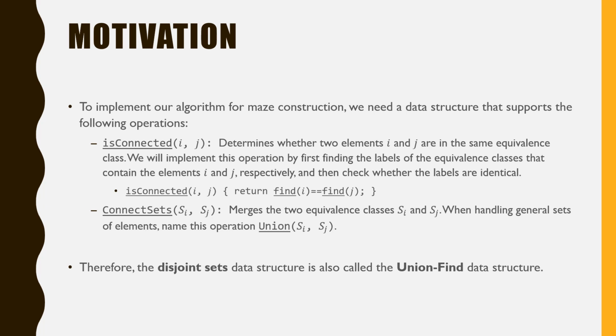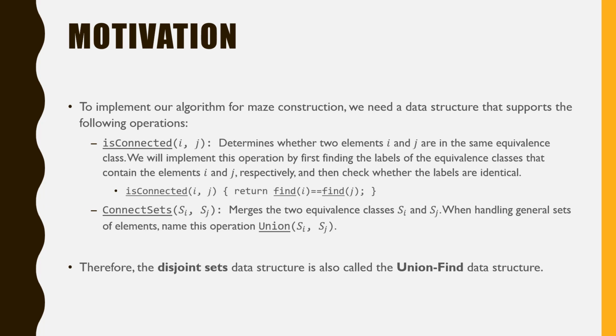This operation is known as the find operation. For example, find i should return Si, the disjoint set containing the element i. If find i equals find j, then i and j are in the same disjoint set.